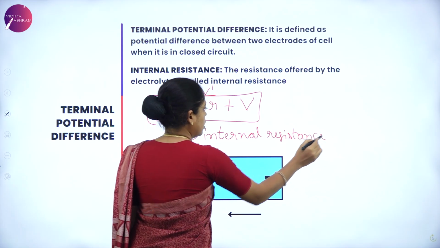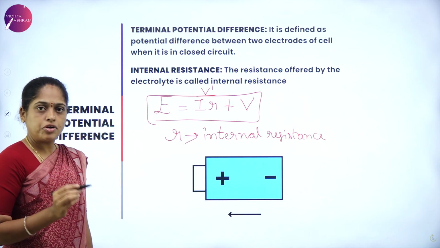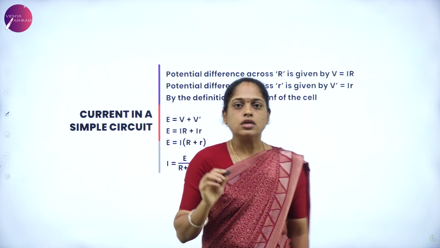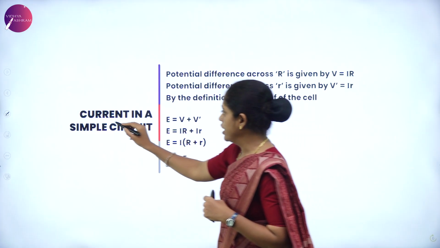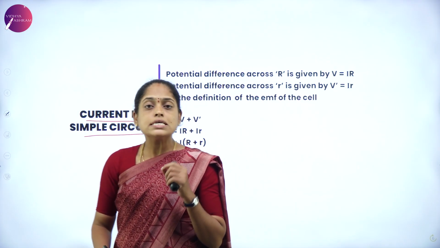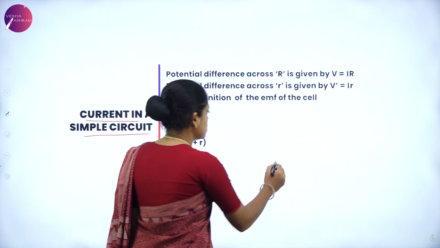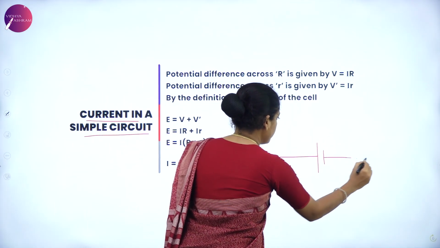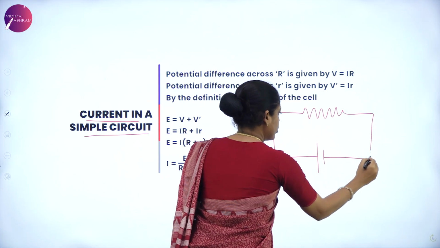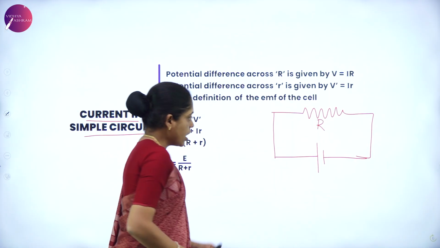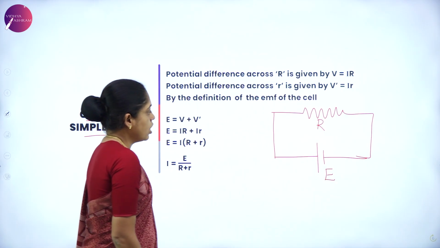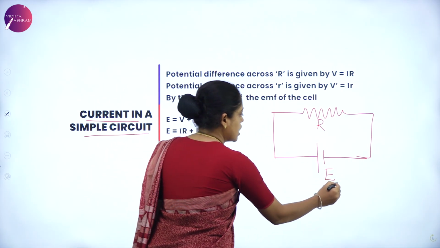Now, the terms which are related to the cell you know, so we will consider a simple circuit and we will derive an expression for current in a simple circuit. A simple circuit is nothing but a circuit that consists of a cell which is connected to a resistor of resistance R. And the EMF of the cell, let us consider it as E, and its internal resistance as r.